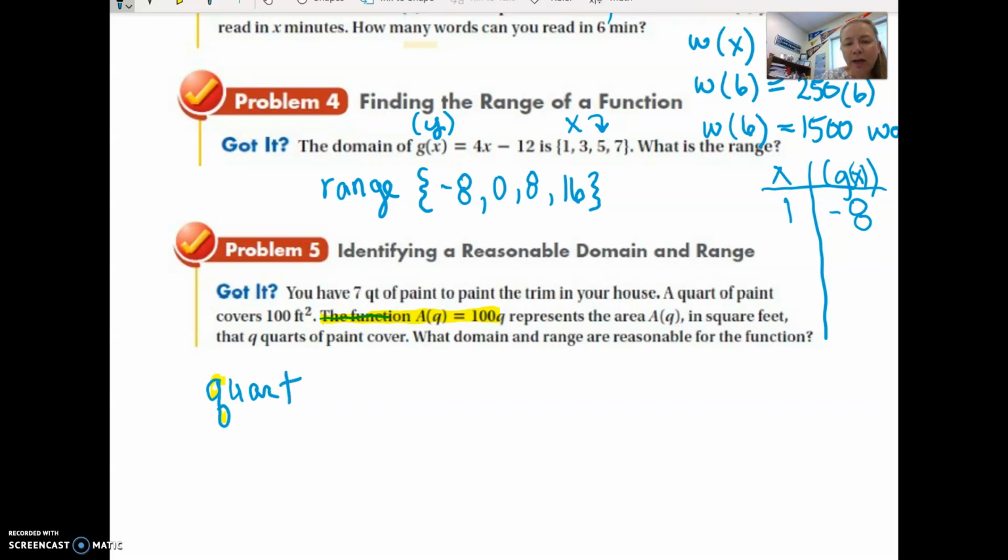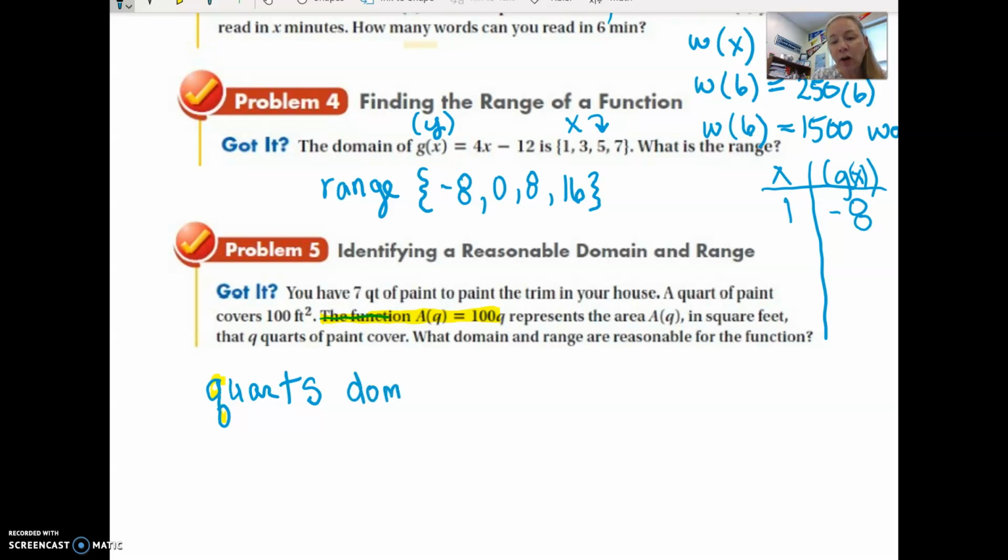It says here we have 7 quarts of paint to paint the trim of our house. So I can use anywhere from 0 quarts of paint all the way up to 7 quarts of paint. We have to write that as an inequality. This would represent my domain.